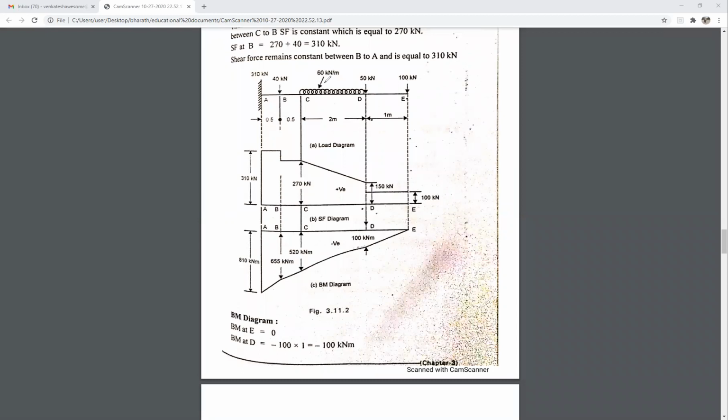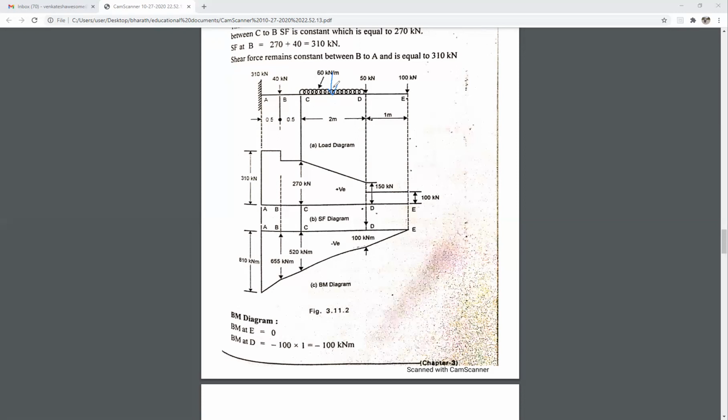We have a point load here, and we have a UDL here. While considering the bending moment for the UDL, the entire UDL is replaced by a point load here. This point load acts at the center point of the UDL, the midpoint of the length.